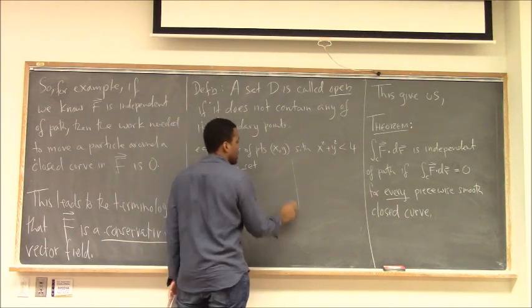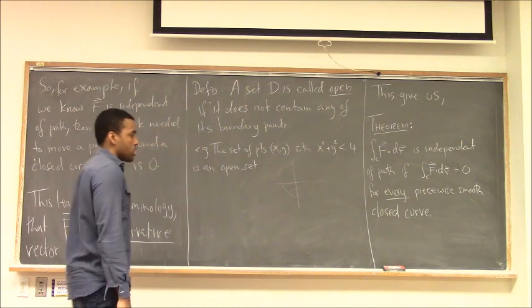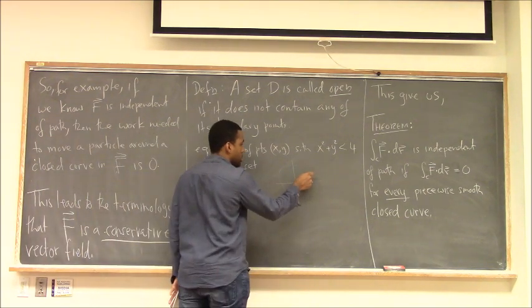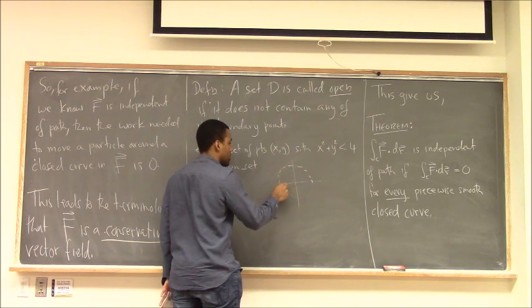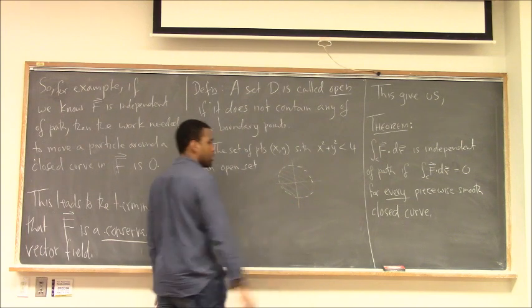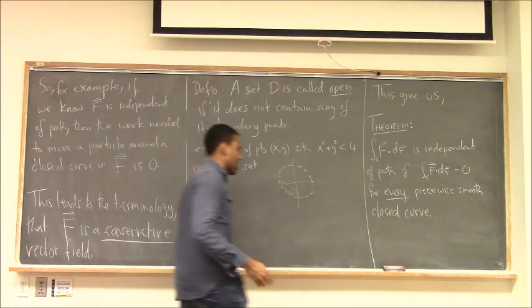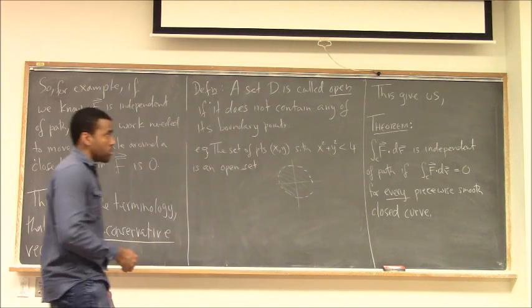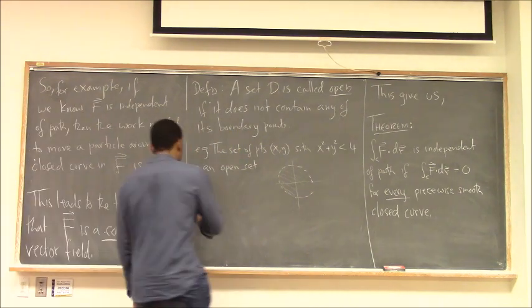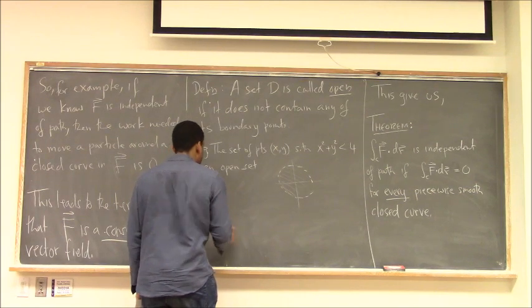They're contained in the circle of radius 2, but they do not contain the boundary of the circle. So this is not a part of the set. They're literally just all the points on the inside of that set. There are many things that in calculus only work on open sets, so it's very important for us to know what that means.